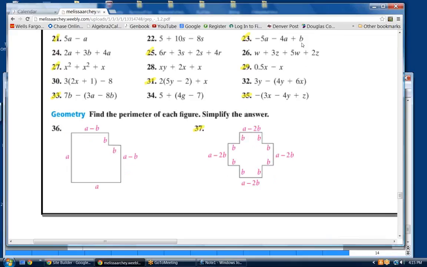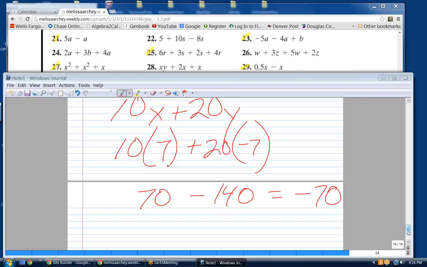Negative 5a minus 5. Oh, wait. Oh, I'm sorry. Negative a plus b. What's negative 5a, negative 4a? 9a. Negative 9a.